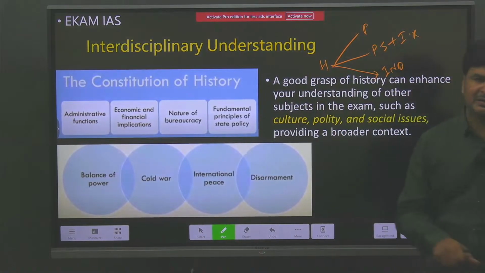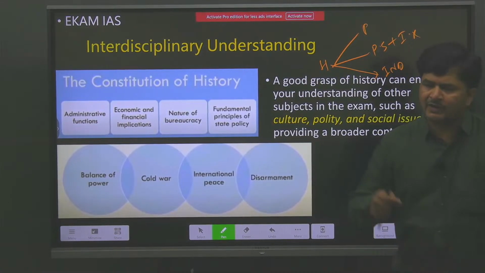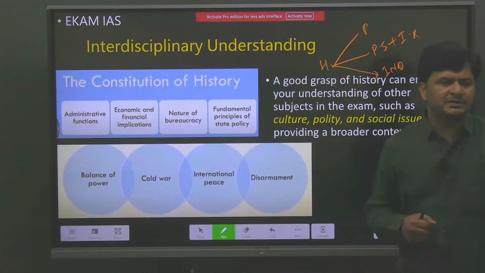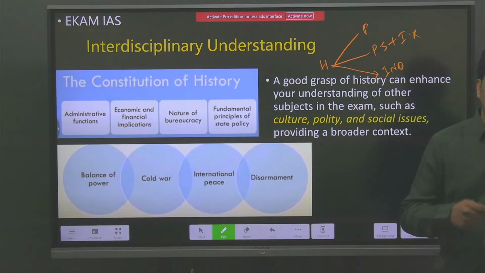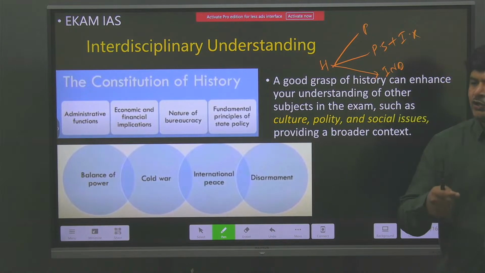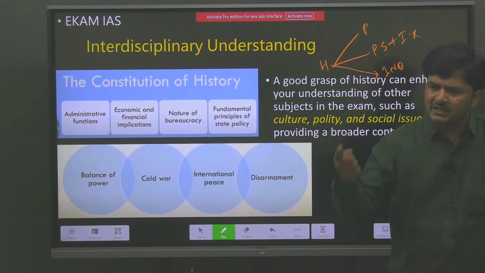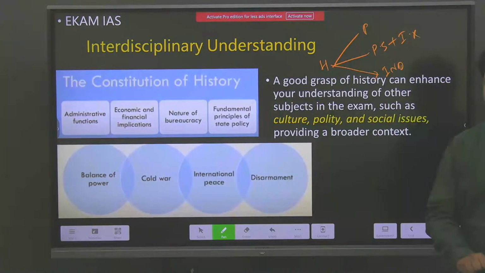For example, if you're writing an answer on the Indian economy or on poverty, start with a background of history. If you're writing on international relations, you may be asked to explain Indo-Pakistan relations, Indo-American relations, Indo-Myanmar relations, or Indo-China relations. Have the background. When I say background, this is nothing but history.